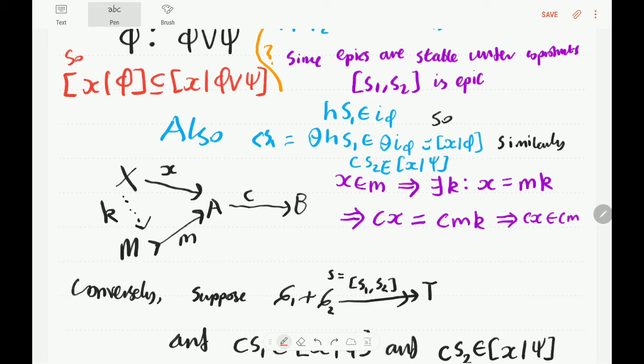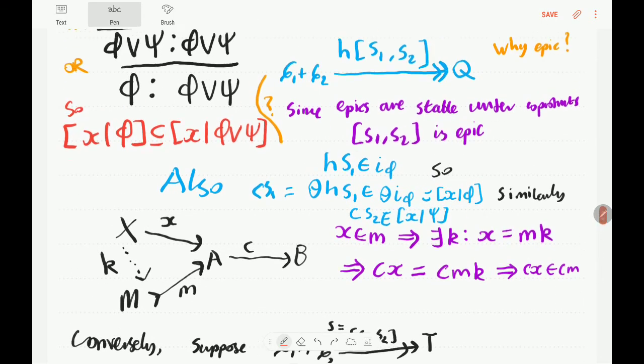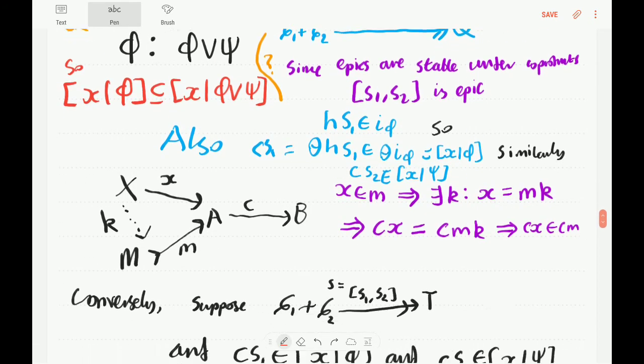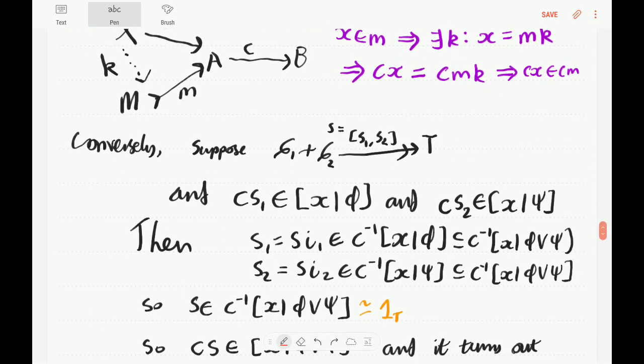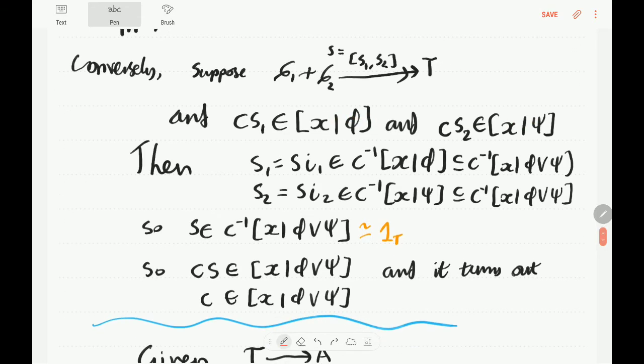Now we want to go the other way around. So conversely, suppose that S equals S1, S2 is epic, and suppose that C S1 is in extension of phi and C S2 is in extension of psi.